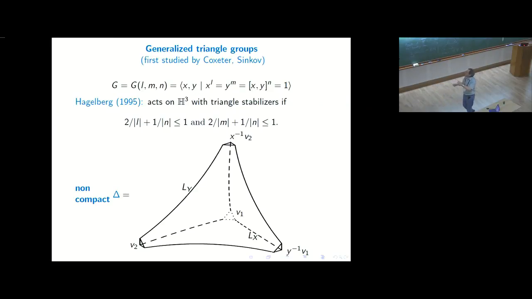He says, if you take a certain line, a geodesic, which I'll call Ly, and another one appropriately angled, which I've called Lx, and you let the generator x act by rotation about Lx, and the generator y act by rotation about the line Ly, you get an action of the group on hyperbolic 3 space. There's a fair bit to check, and in the thesis, using Poincare's lemma for fundamental domains, he establishes that there is a nice fundamental domain, which is partially shown there.